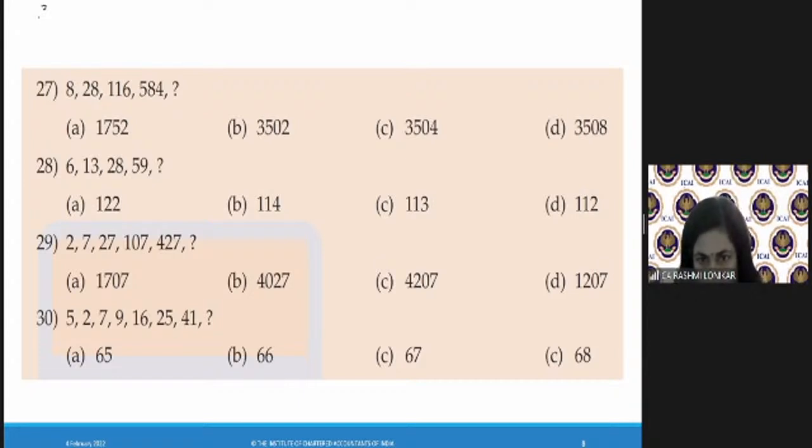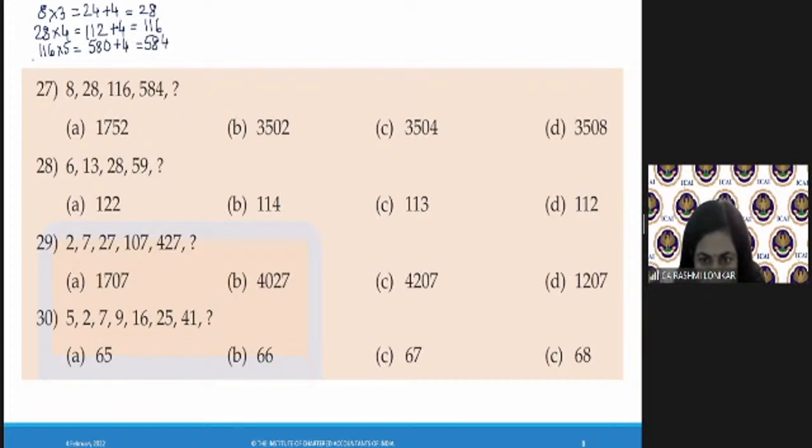So this is 8 into 3 is 24 plus 4 is 28. Then I have 28 into 4. 28 into 4 is 112 plus 4, which is 116. Then I have 116 into 5. 116 into 5 is 580 plus 4, which is equal to 584.